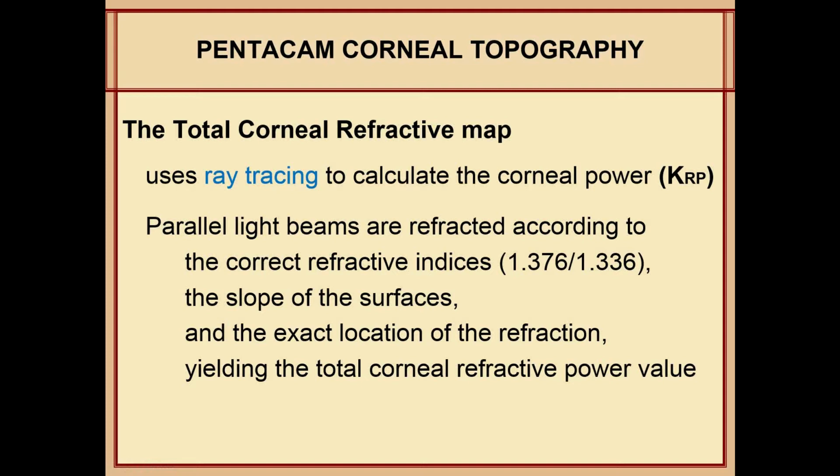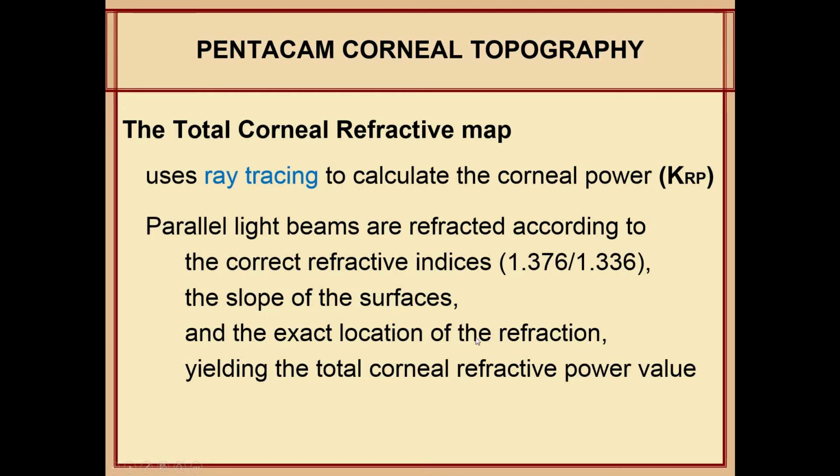The most interesting one is the total corneal refractive power. Now, it's true that the power is the front and the back. However, the total corneal refractive power uses ray tracing to calculate the corneal power. What does it mean? It means that when parallel light beams are refracted at the cornea, they are bent according not only to the correct refractive indices, but it depends also on the slope of the surfaces and the exact location of the refraction.